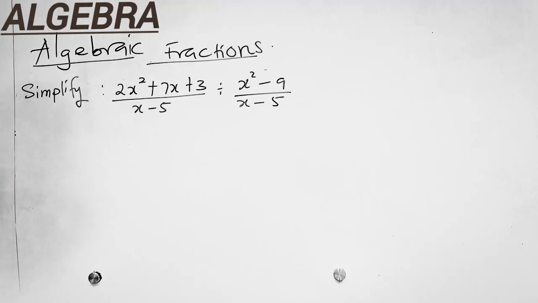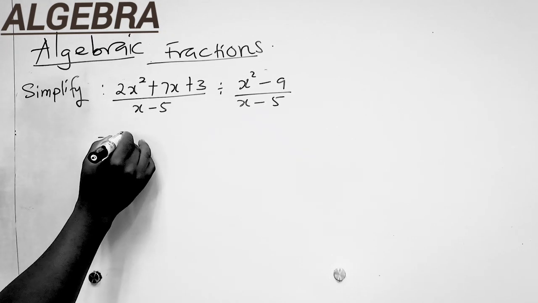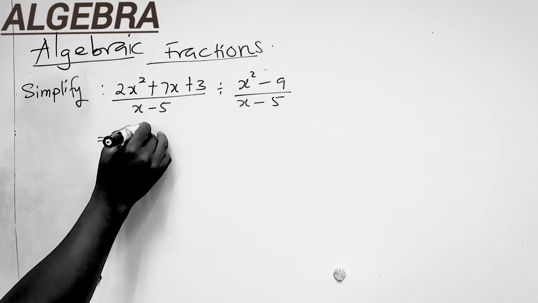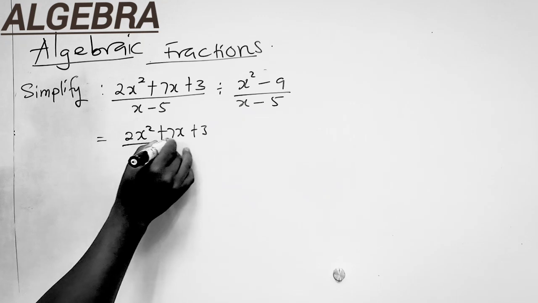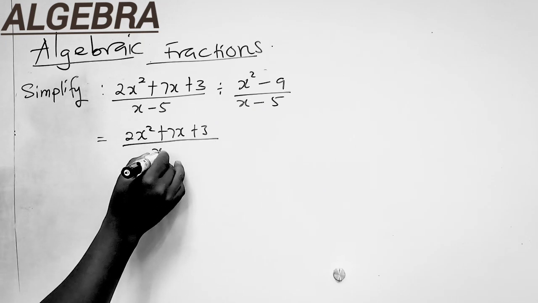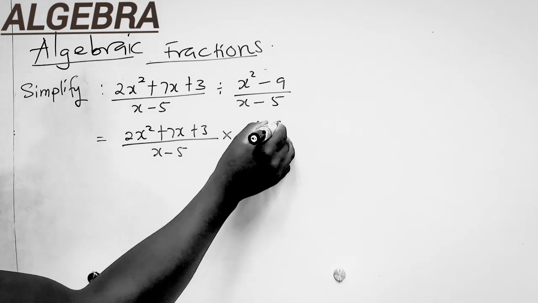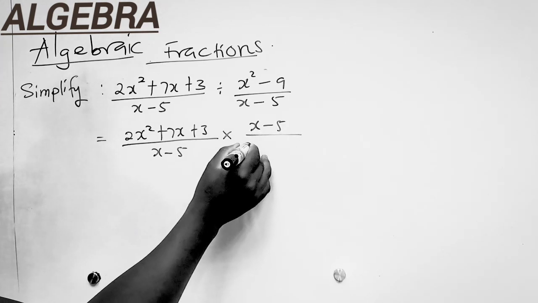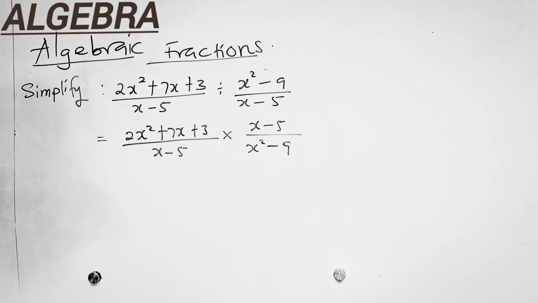So in this example, we want to simplify this expression. What we can do here is simplify this division sign first. So it will be 2x squared plus 7x plus 3 over x minus 5. Then we multiply, this becomes x minus 5 over x squared minus 9. Why do we do that?